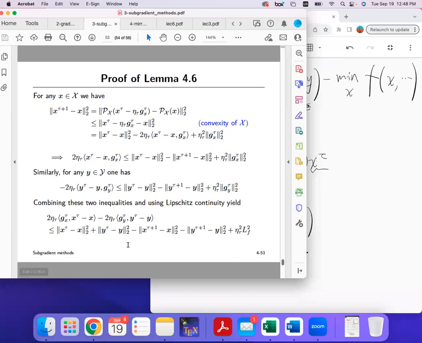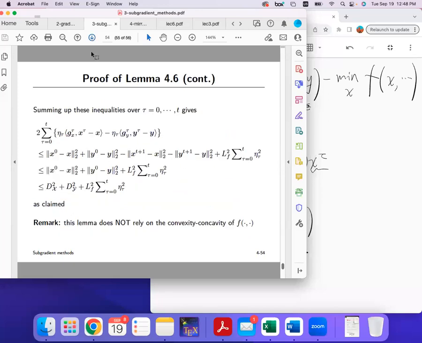Why? Because you have these difference terms x_tau minus x_{tau+1}, so the intermediate terms will cancel. Only the initial and the last terms will remain. And then there is another summation over the last term.